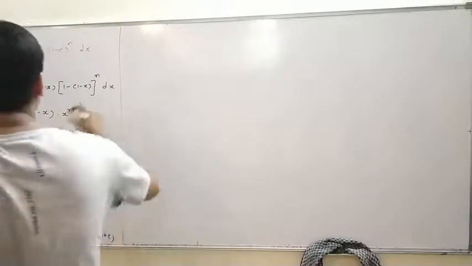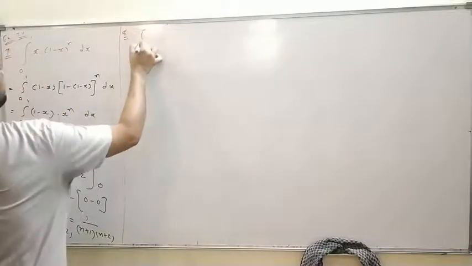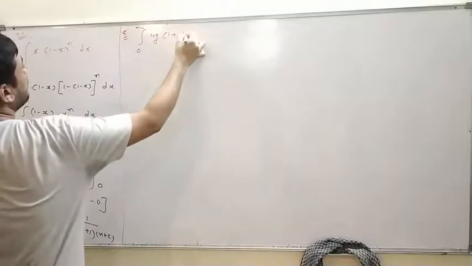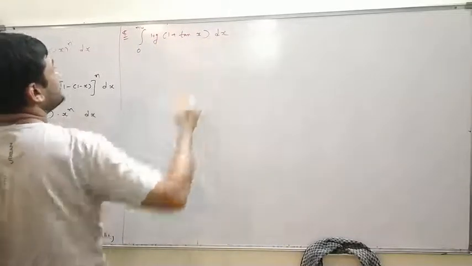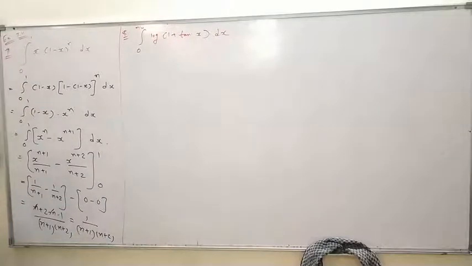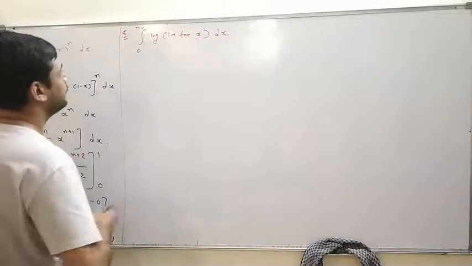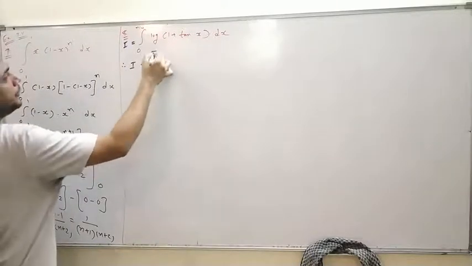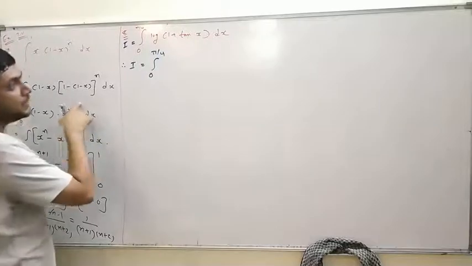Integral 0 to pi by 4 of log of 1 plus tan x dx. Okay, that is your I. Again we will use the same property which we have used here.